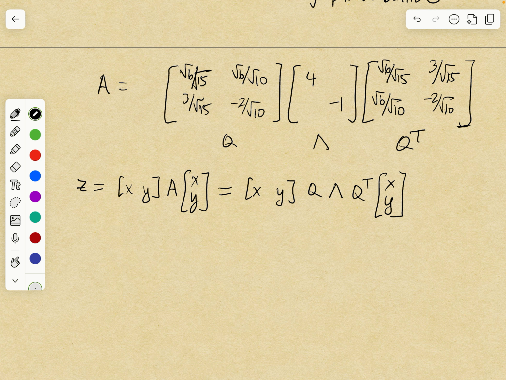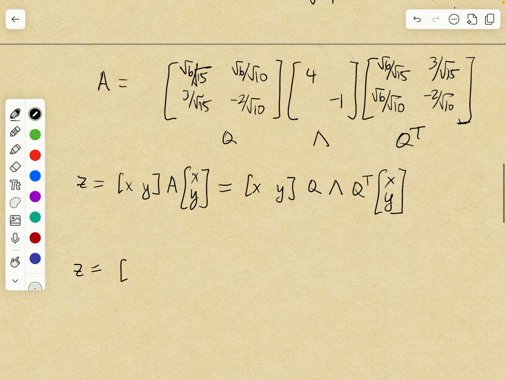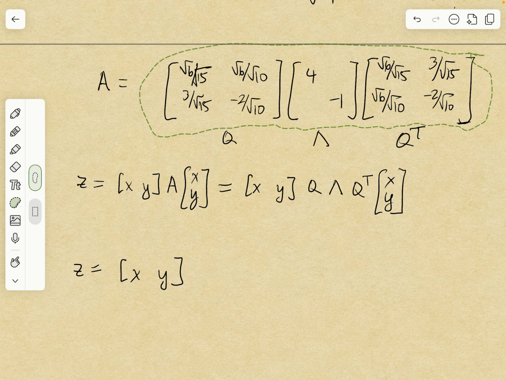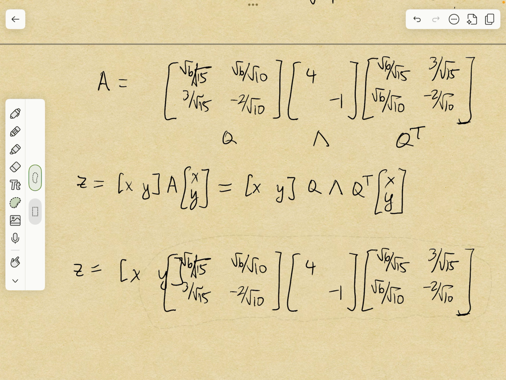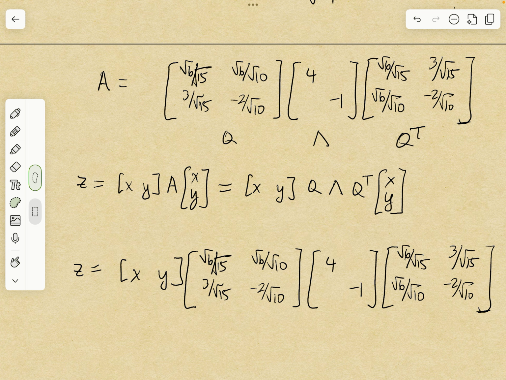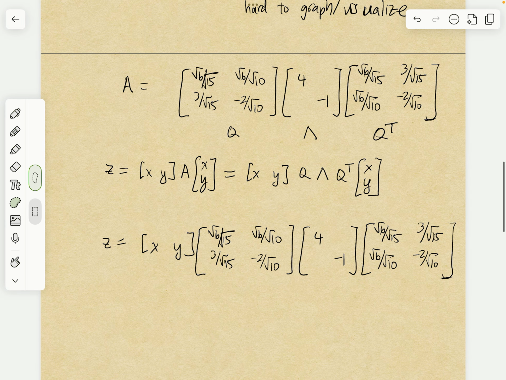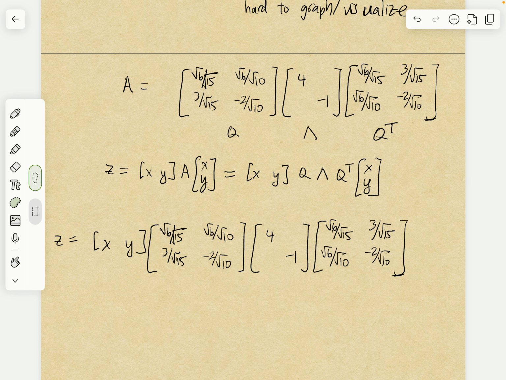So in this case, z is equal to xy times Q, times lambda, times Q transpose, times xy, right?